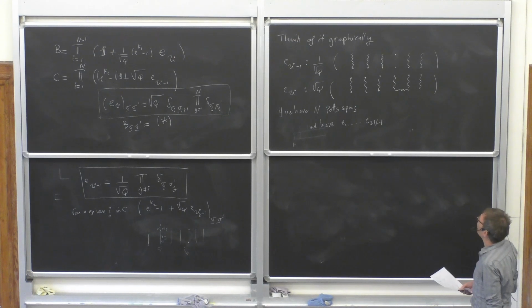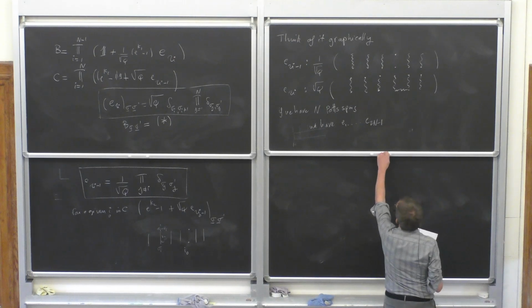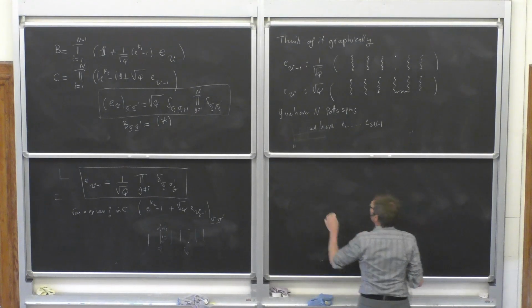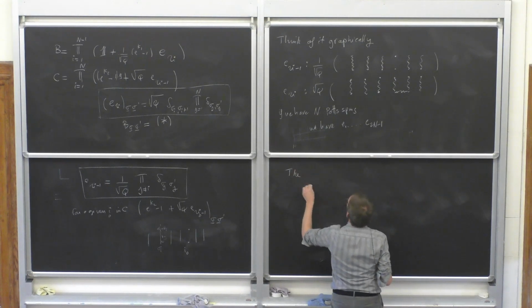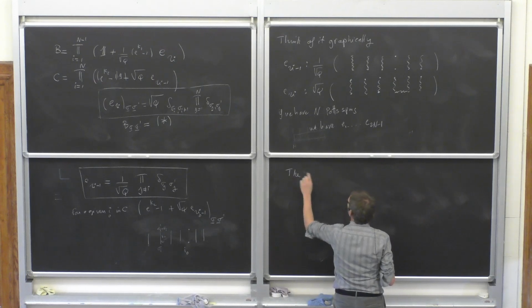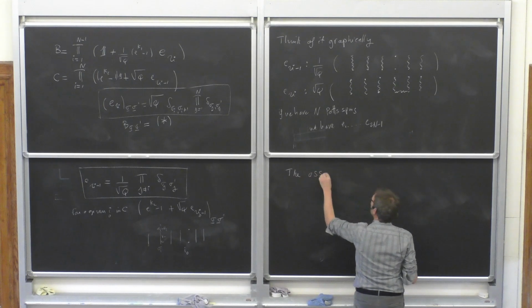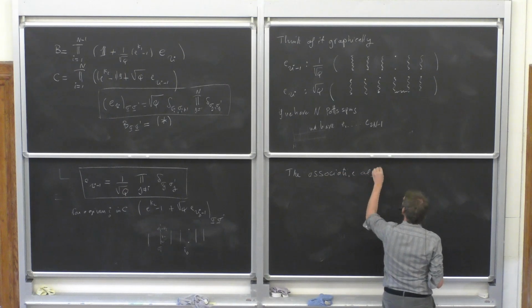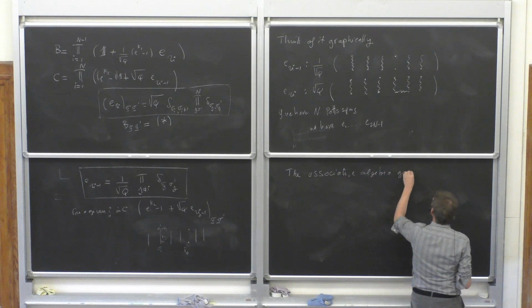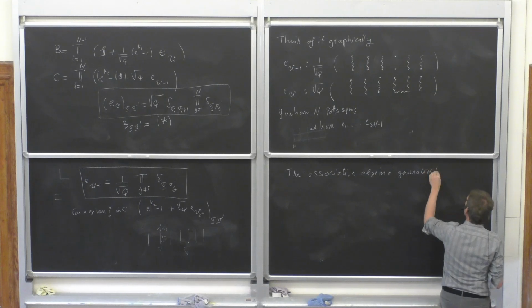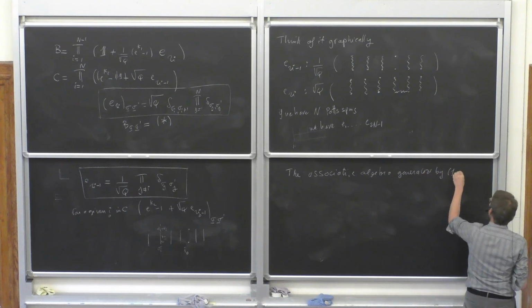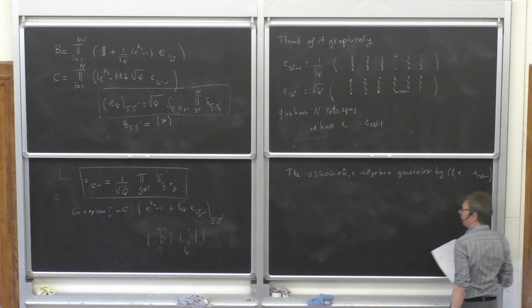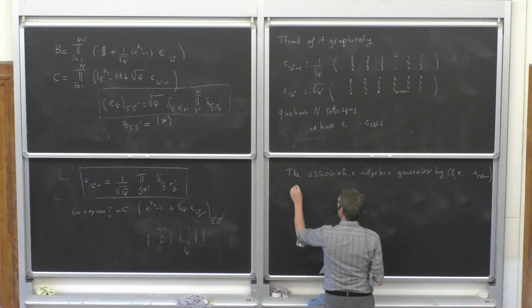All right, so let me carry on a little bit. What I want to do now is observe that these EIs, so the set, the associative algebra generated by the identity, E1, etc., E2n minus 1, will be called the Temperley-Lieb algebra.